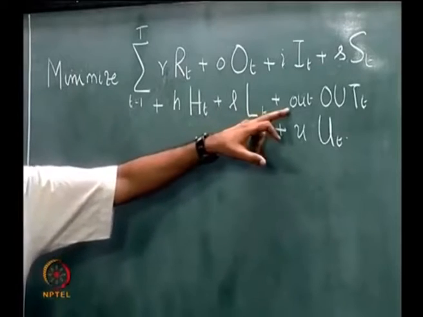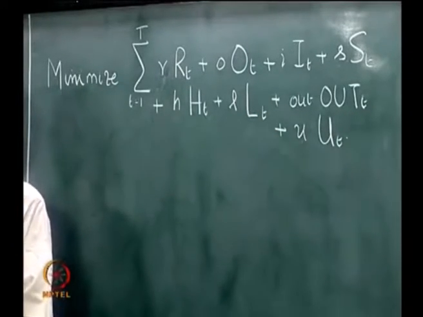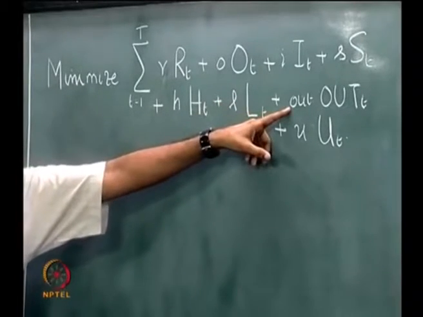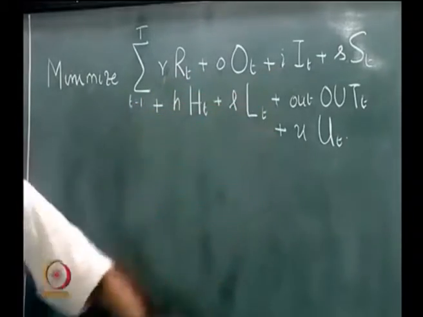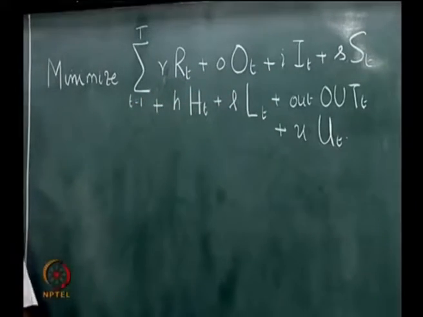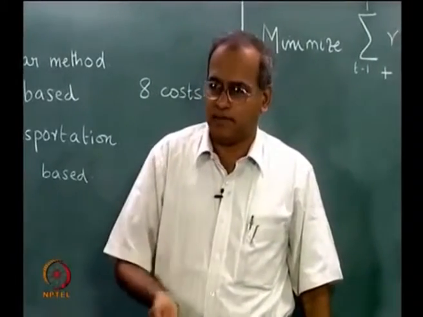Maybe the easiest would be the outsourcing cost, assuming that this entire product is outsourced, so finding the outsourcing cost would be relatively easy. Inventory cost would be reasonably easy if the inventory cost is dominated by the interest on borrowed capital.